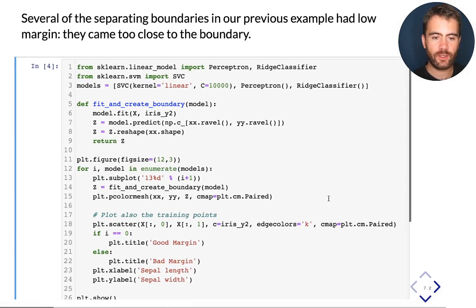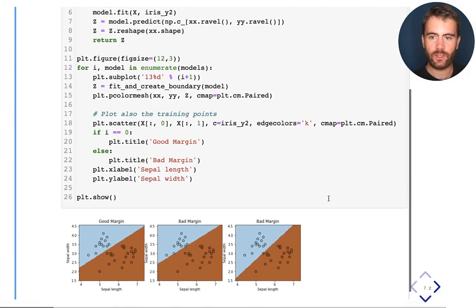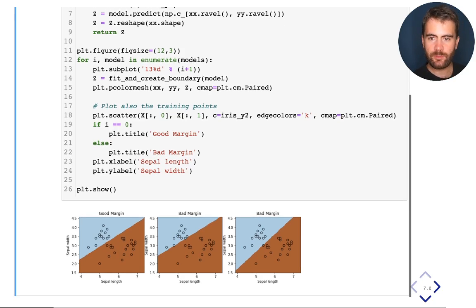Here, let me again create a few separating hyperplanes that come from different algorithms. And let me use this example to show you what it means for a separating hyperplane to have a good margin and a bad margin. Consider, for example, the following separating hyperplane.